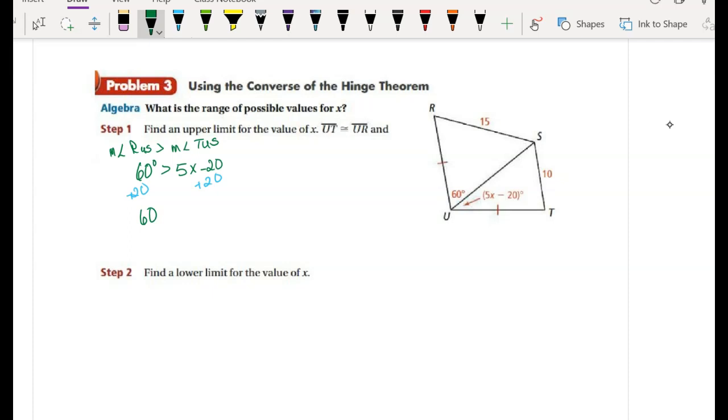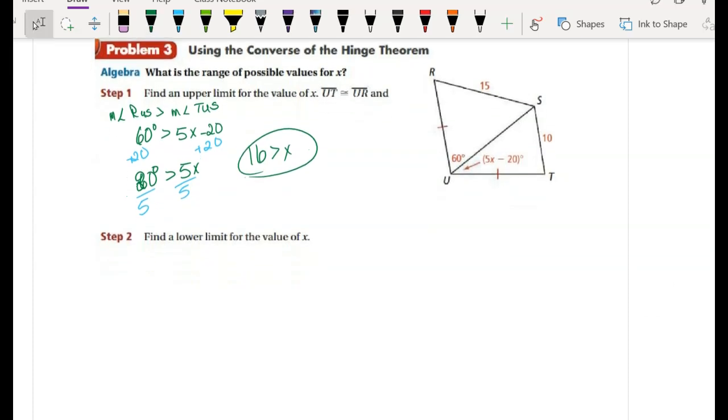So I have 80 degrees is greater than 5x. I'm going to divide both sides by 5. So I get 16 is greater than x. So that's my upper value.